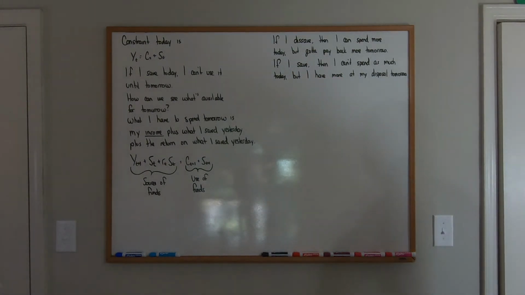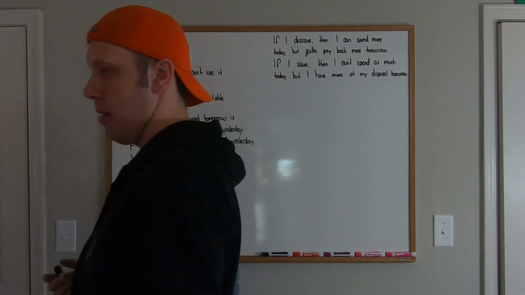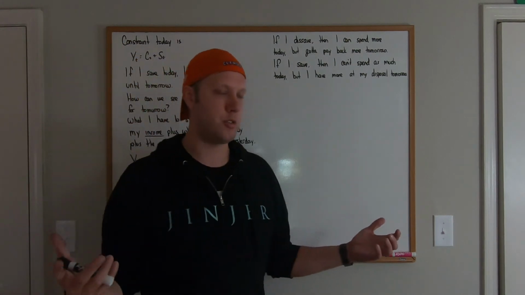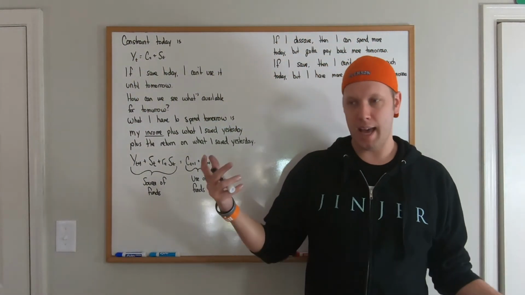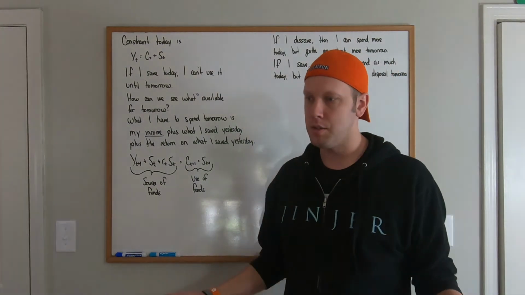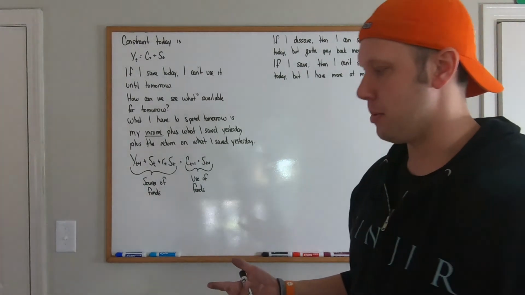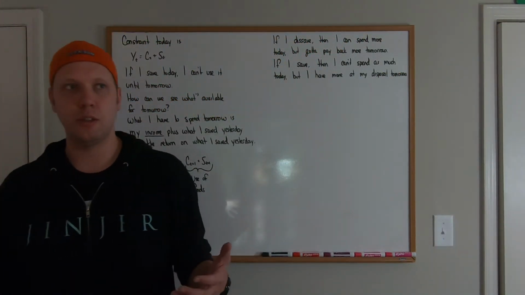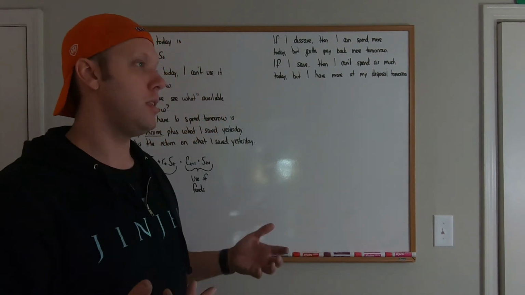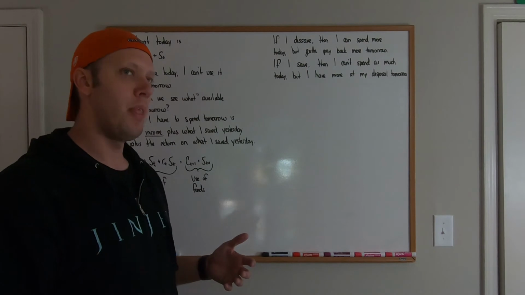And again, it comes down to a balancing act between the rho, the discount rate, and the interest rate, R. If we can find a nice, happy medium between those two variables, really, we probably need to call them parameters, to be honest with you, because they're exogenous, then there's probably going to be some kind of a dynamic equilibrium going on.